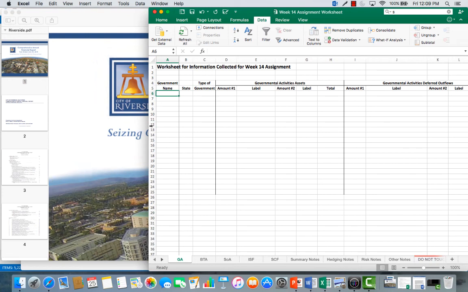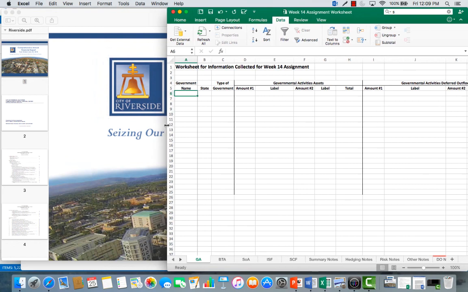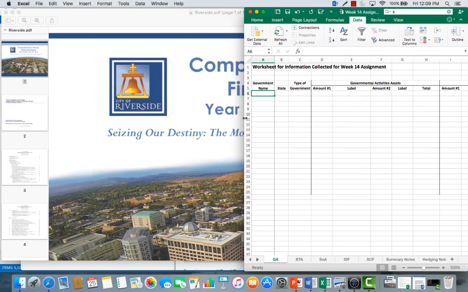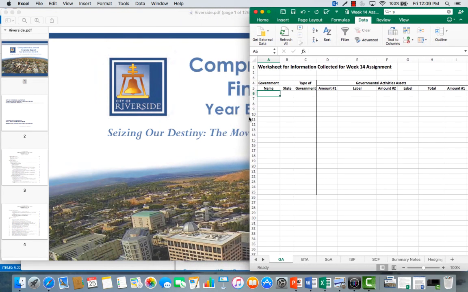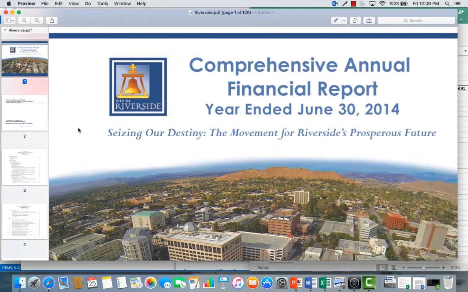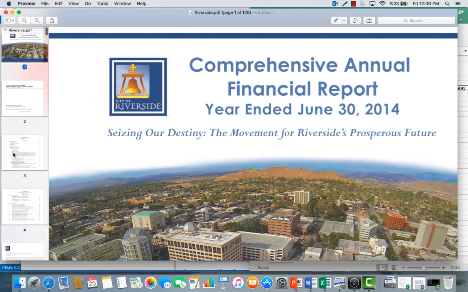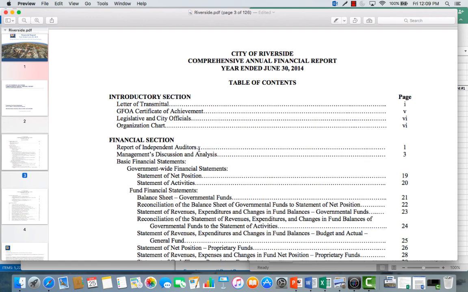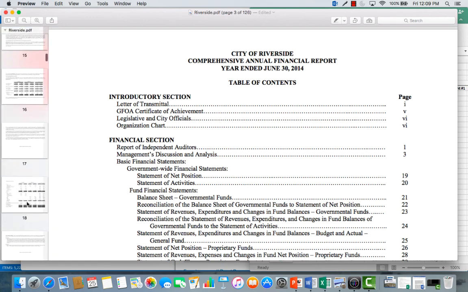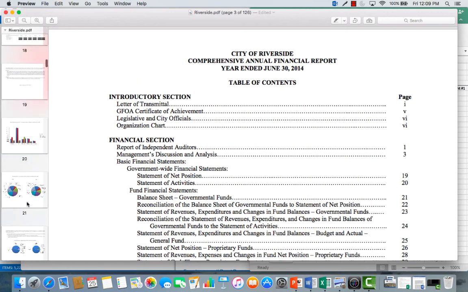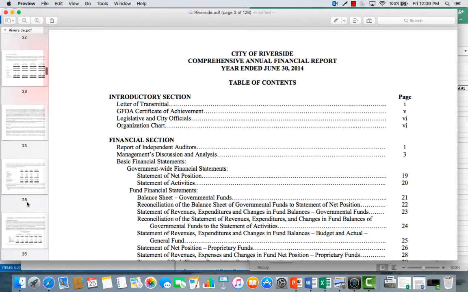So I'm going to shrink the size of this Excel file a little bit so that we can do some entry here while still looking at what's on the screen for the city of Riverside's CAFR. In looking for the financial statements, you can certainly look for the title, but I find it's pretty easy to scroll through the thumbnails on the left-hand side.